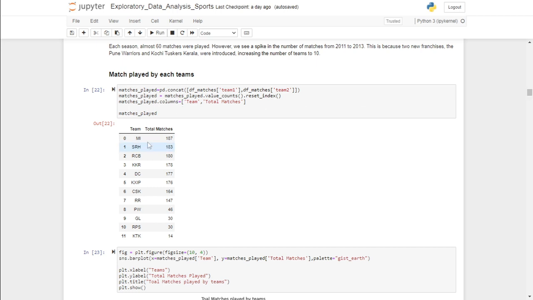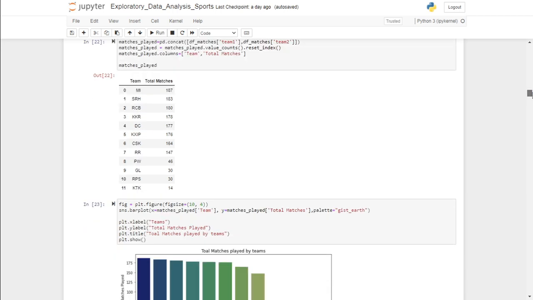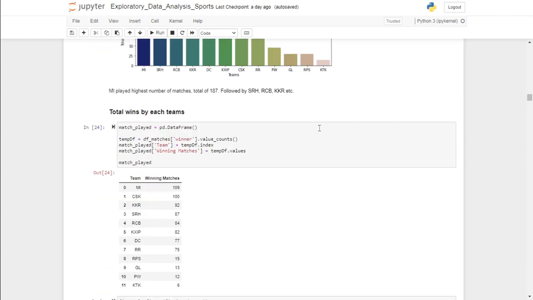And here is the chart for how many matches each team played, and here MI played the most matches, 187, and SRH is on 83. And here are the total wins by each team.